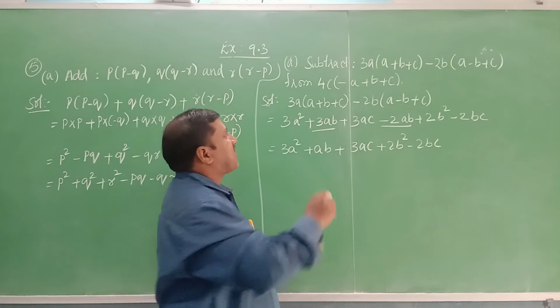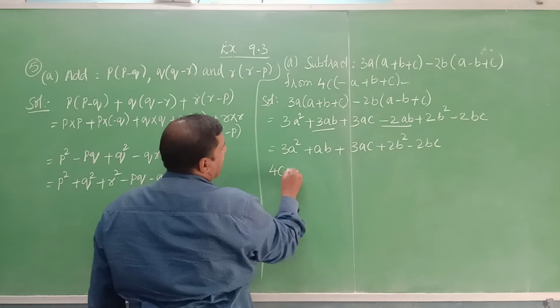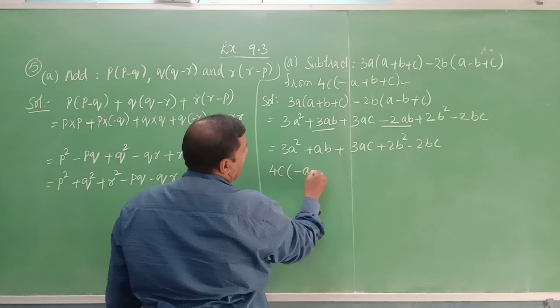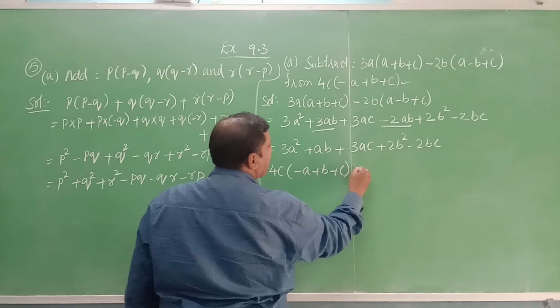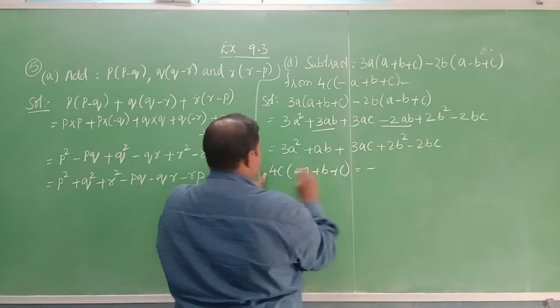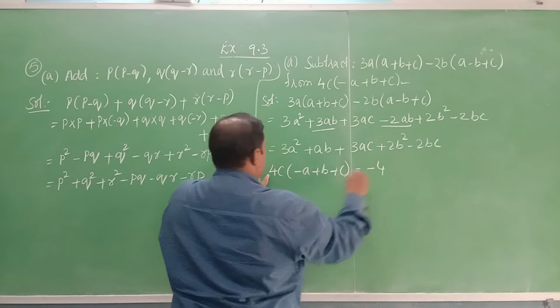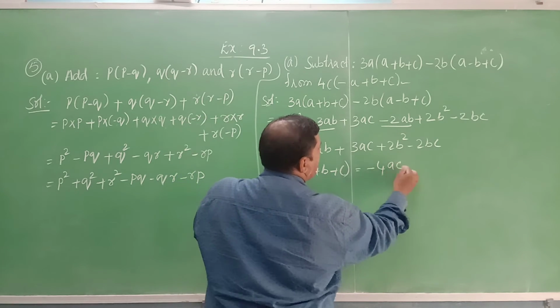Similarly, the second expression, 4c multiplied with minus a plus b plus c, you simplify this. What do we get? Plus into minus is minus, 4 into 1 is 4, c into a is ca or ac, both are the same.